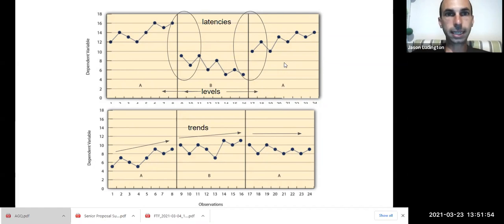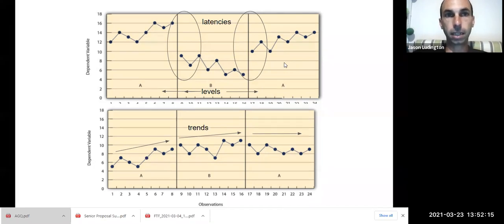So here we can see that the latency is rather immediate. We can describe latency as immediate or prolonged, or it takes a long time, delayed. Slow is a better word. We can see slow latencies and fast latencies.